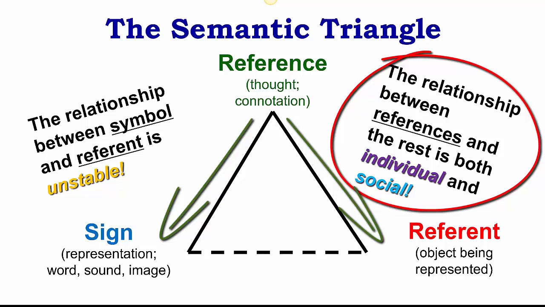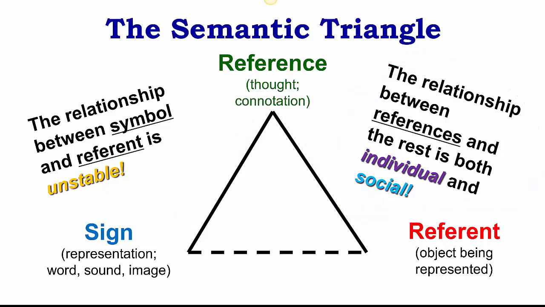And that's one of the fundamental things that makes communication possible, because we share these various cognitive perceptions of what we mean by a certain sign or the kinds of things that come into mind when we encounter a particular referent. It's these shared cognitive understandings that enable us to communicate. So, in brief, that's the semantic triangle.